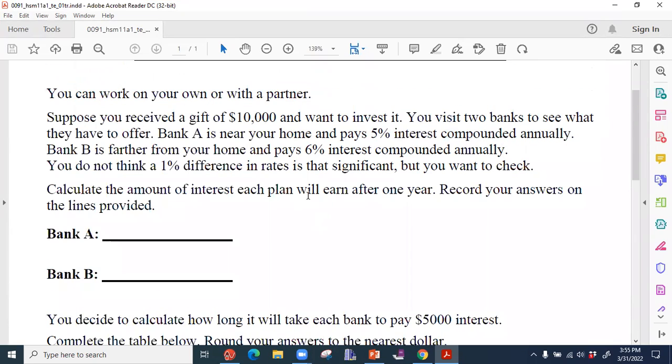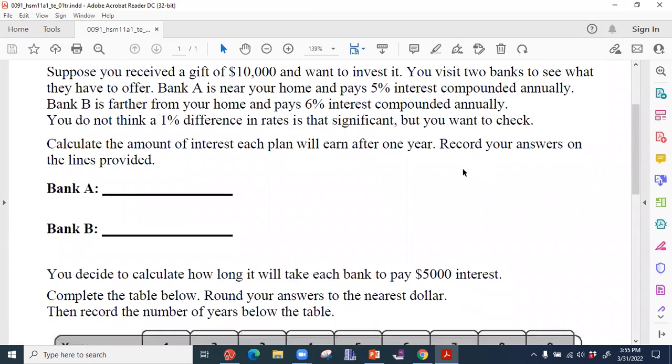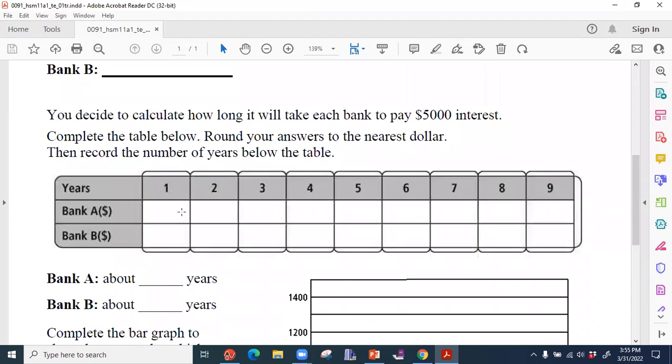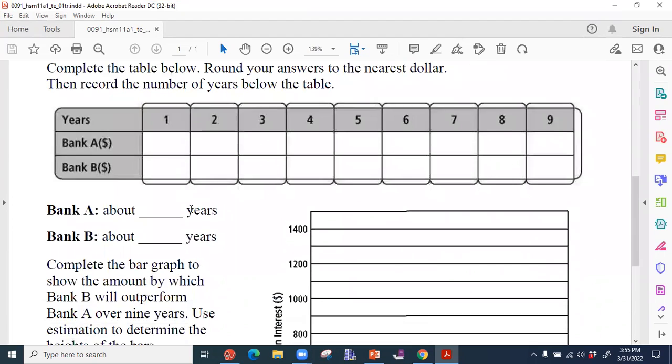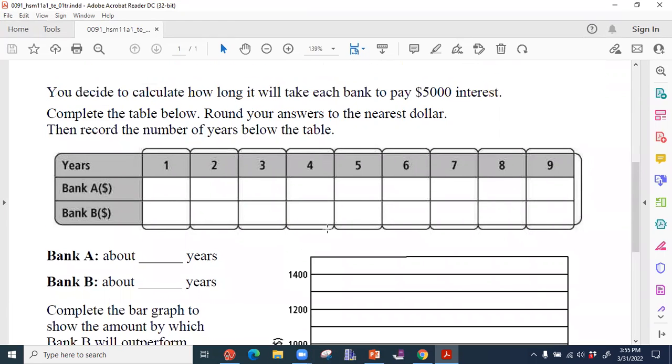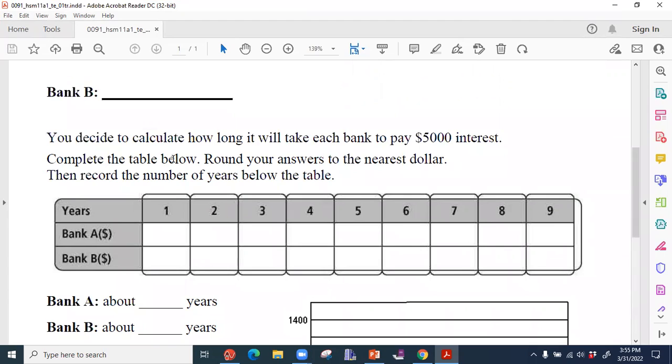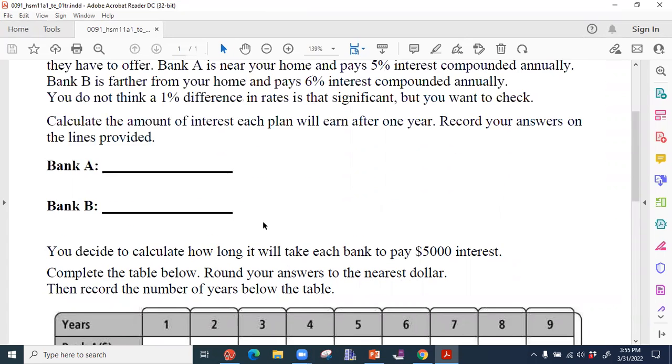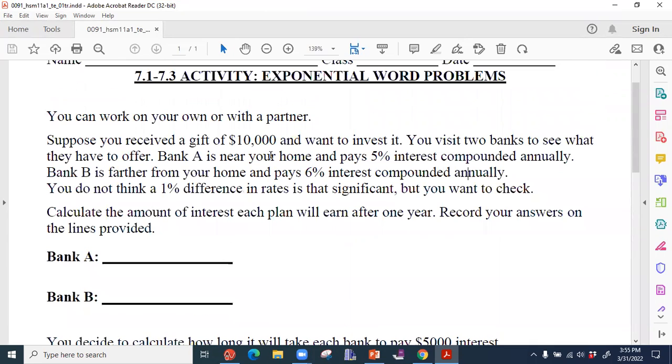It doesn't say continuously. Annually, so it's compounded annually, and then I switched it to continuously. And it wants to know how long will it take for you to reach $5,000 in interest. So what does that mean? You should have that in your total bank account. So read through it very carefully.